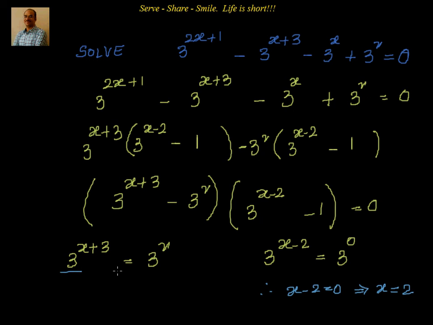Similarly here the bases are equal, and we are equating left hand side to right hand side, so the powers should be equal. x plus 3 is equal to 2 or x equal to 2 minus 3, that's equal to minus 1. So that's the same solution we got earlier.